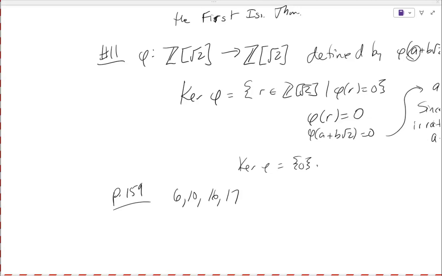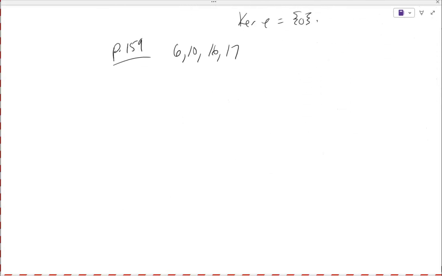All right. So last time we talked about the first isomorphism theorem. We'll do another example of how we use it, but we didn't prove it, right? So let's prove it. We did not.